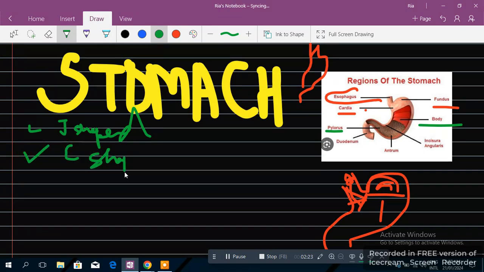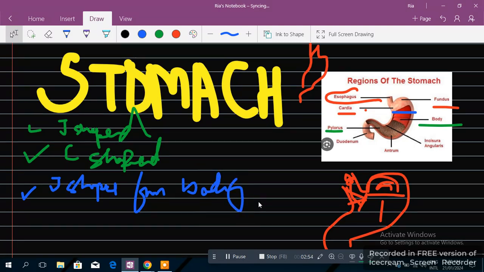The stomach is C-shaped, but from the body to the rest of it, from the body to the pyloric region, that's around J-shaped. J-shaped is from the body. Okay, so this should be very clear.